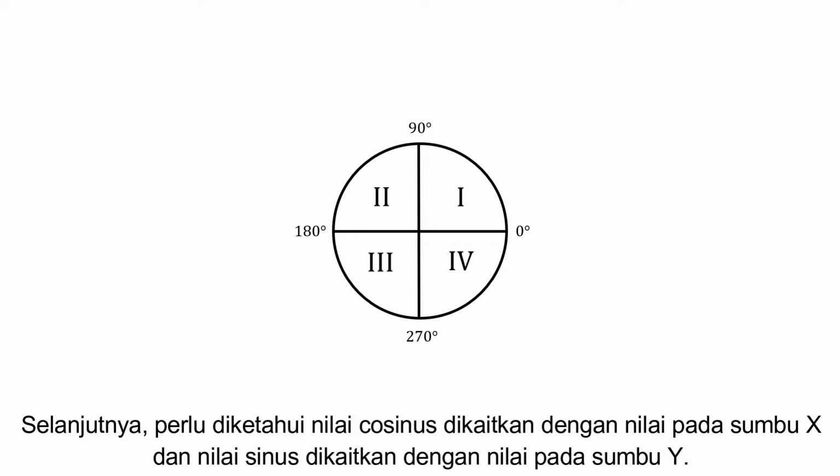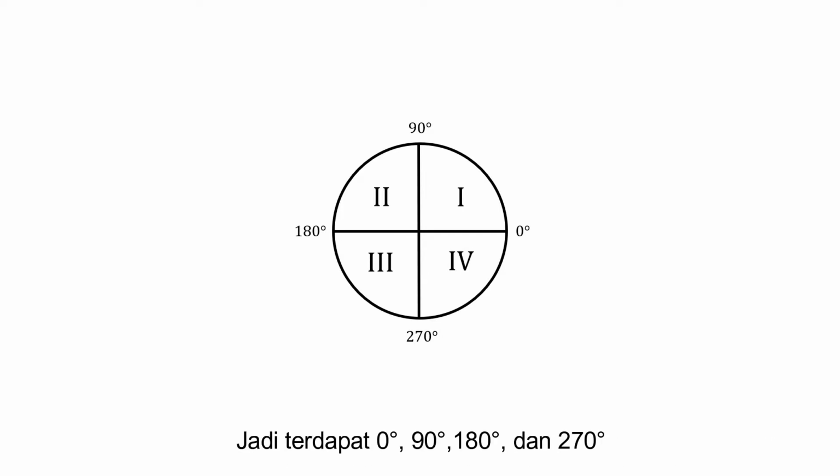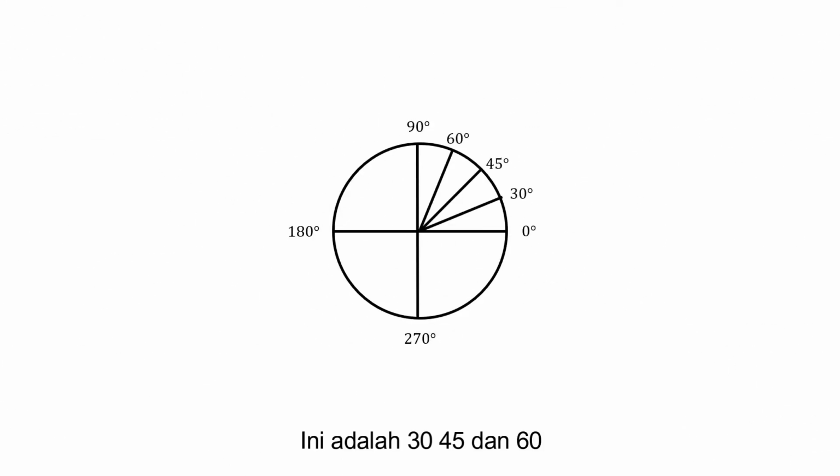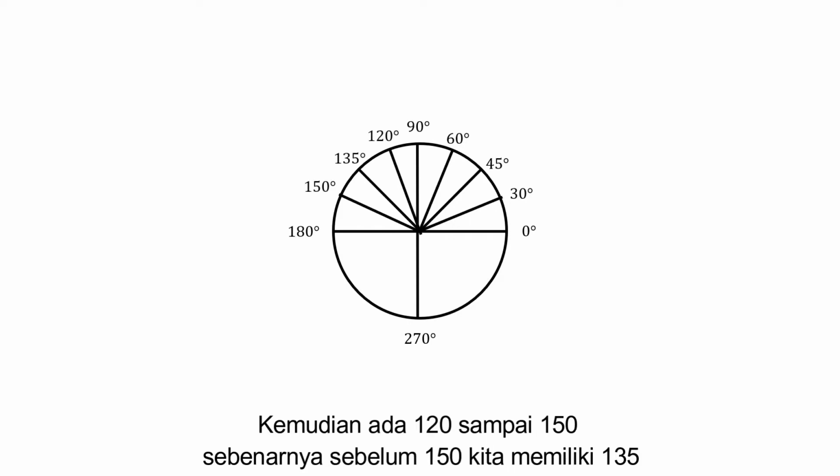Cosine is associated with the x value. Sine is associated with the y value. So, this is 0 degrees, 90, 180, 270. This is 30, 45, and 60. And then there is 120 until 150. Well, actually, before 150, we have 135.